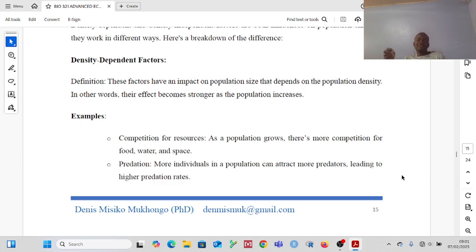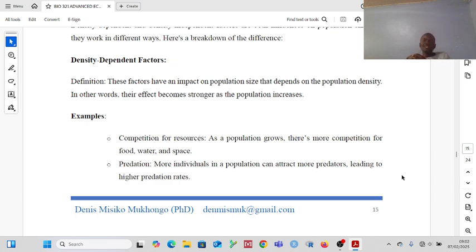So competition is dependent on density because as you increase the population towards the carrying capacity, then the competition comes in. So that is dependent on the population, and its effect increases as the population increases. You begin competing for seats in a lecture hall when you are more than the seats. Kama viti zinatosha, you won't compete. Utangojea tu mtu akae na wewe upite ukae kwa hiyo ingine.